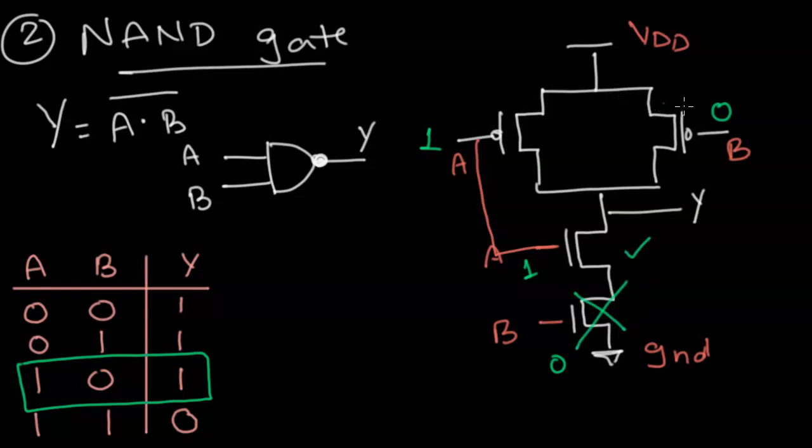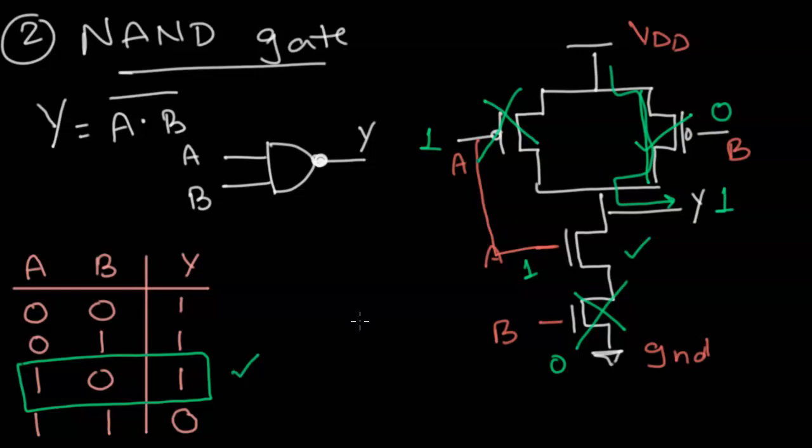But on the PMOS side, we can see that A is 1 and hence that PMOS is not connected. B is 0, hence this PMOS is working and there's a direct path connected between VDD and Y. Therefore, we get the output as 1 and hence this is working.